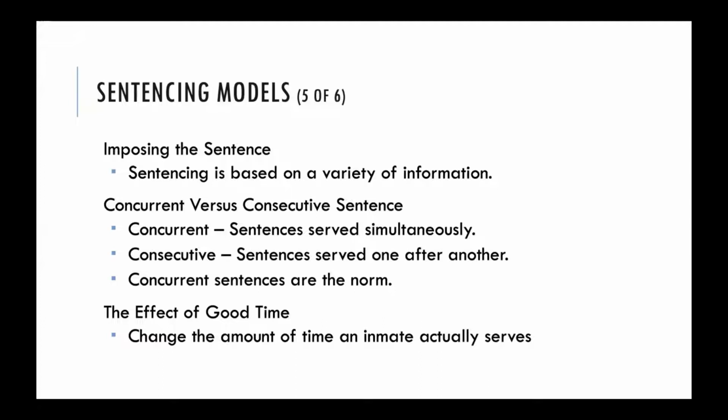So with that being said, let's look at the ways in which people can serve once they get sentenced: concurrently and consecutively. Firstly, concurrently. This means an offender with convictions for multiple offenses, meaning they were found guilty of more than one crime, may be allowed to serve the sentences for each of these offenses simultaneously. Let me give you an example.